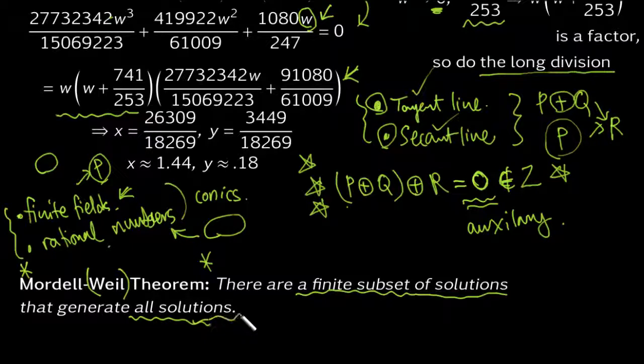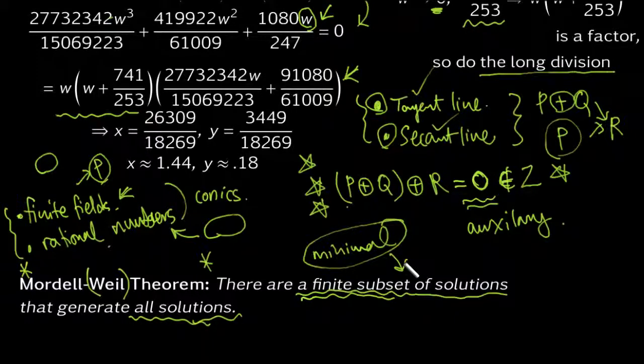And a natural question is, if there's a finiteness, what is the minimal number of generators to generate all the solutions? There's been huge progress made in algorithmically calculating the minimum number of generators, but whether that algorithm is deterministic or not is still an open problem.